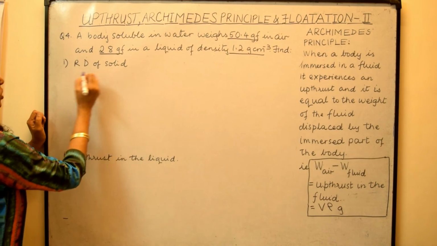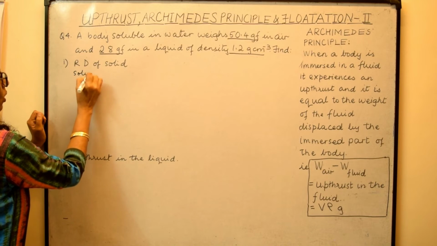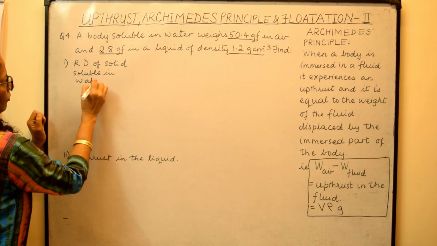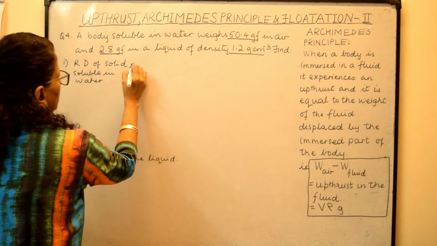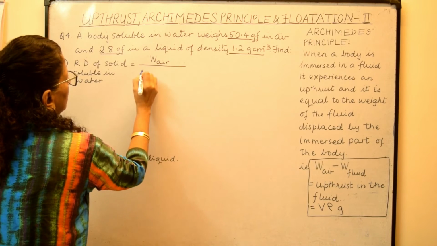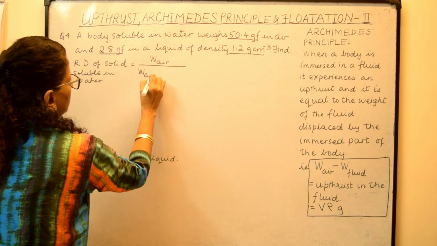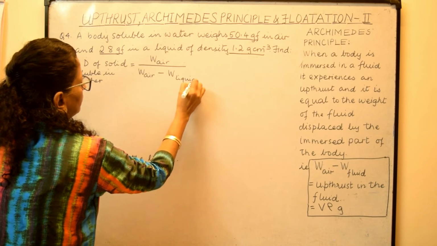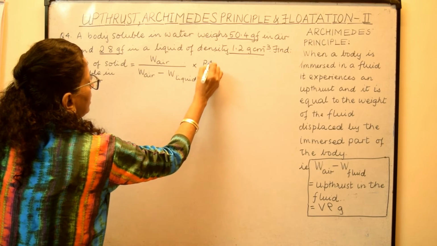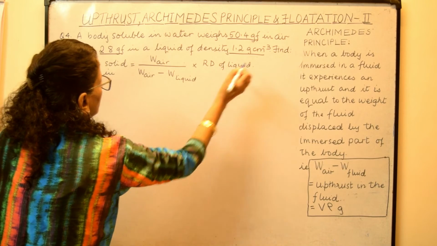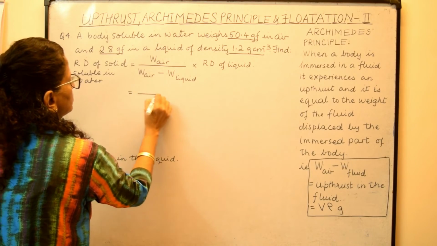Now RD of solid soluble in water is, the formula is weight in air upon weight in air minus the weight in liquid multiplied by RD of liquid. All we have to do is substitute.